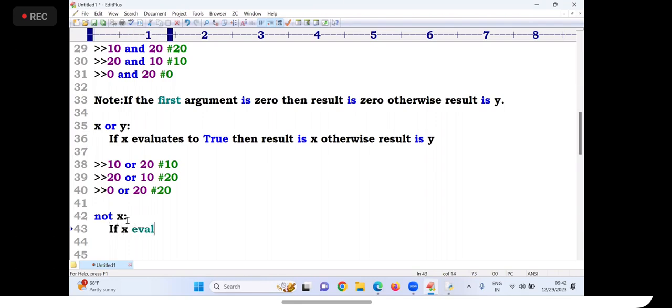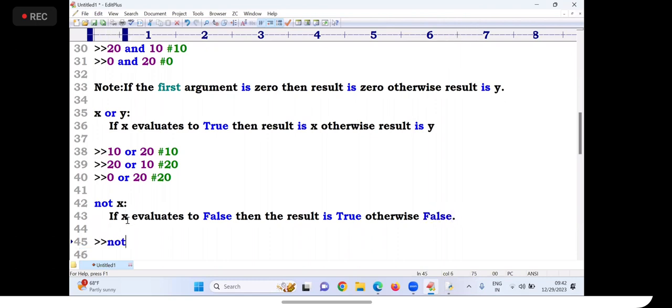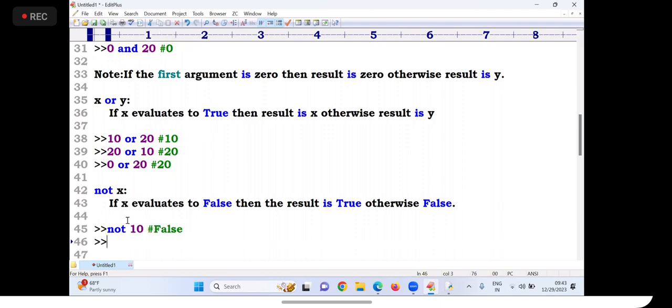If X evaluates to false, then what is the result? True. Otherwise, false. I'm asking not 10. 10 is true, then automatically what is it? False.